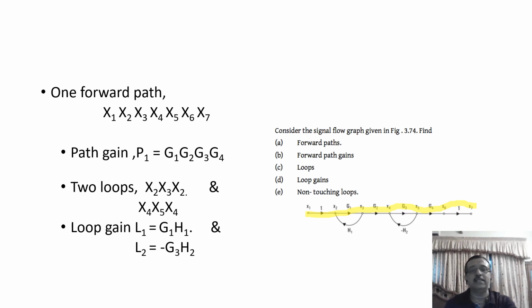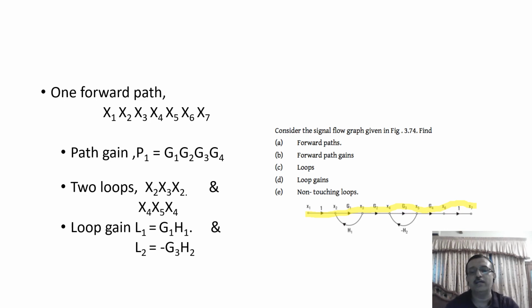Be careful about the terminology. When we say forward path, what we mean is we'll say along the nodes x1, x2, x3, x4, x5, x6, x7 is the forward path. And what is the forward path gain? It is the gain along that path.